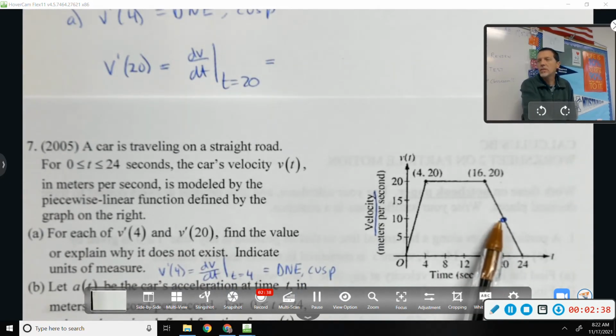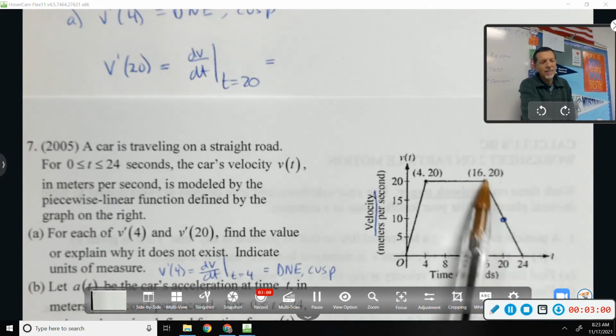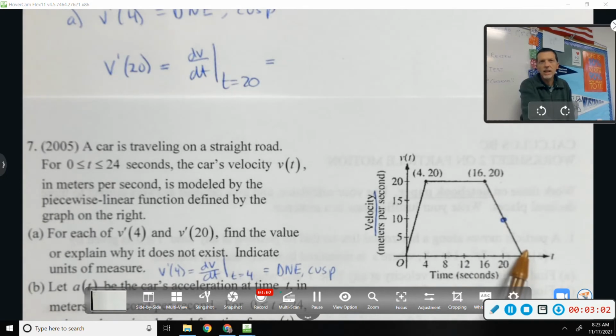But how am I going to find the actual value of the derivative at that point? What is the derivative at a point? Okay, it's instantaneous rate of change. Give me another word. Slope at a point. Since this is a straight line, I can find the slope of this whole line. And this is what's maybe tricky. For this whole thing, the AROC and the IROC are the same since it's a line.